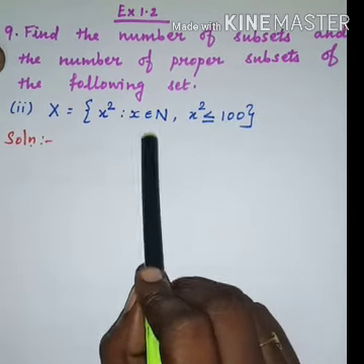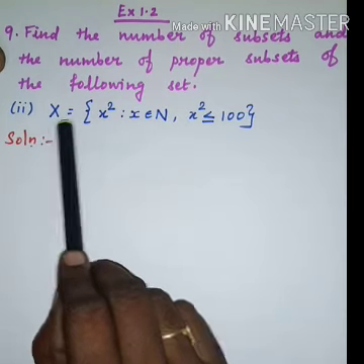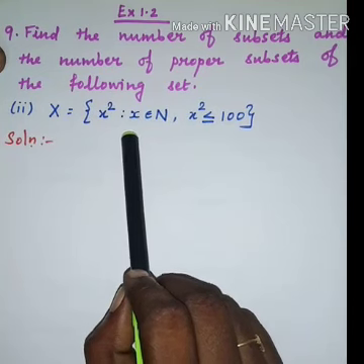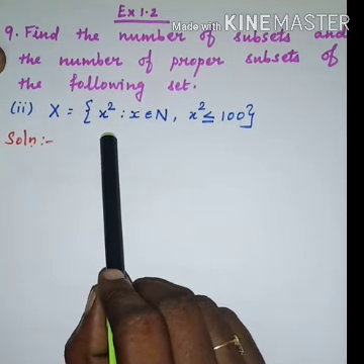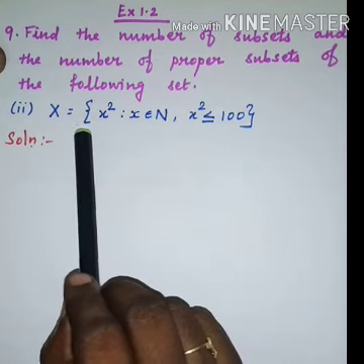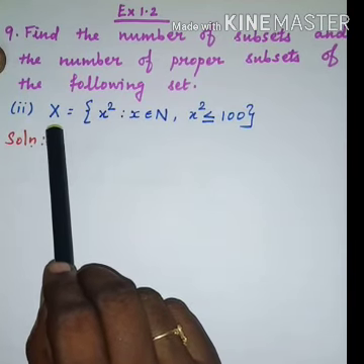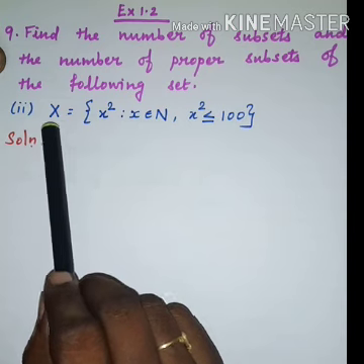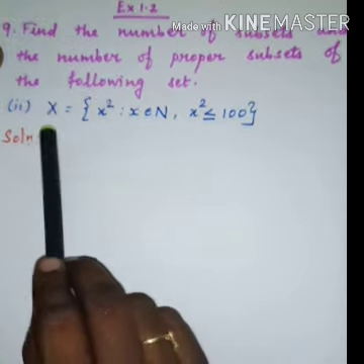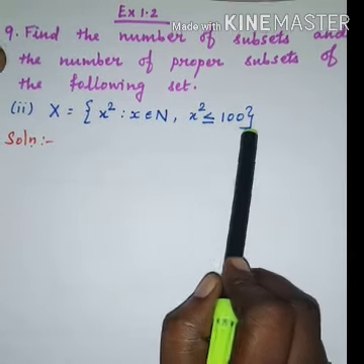Here the set X is given in set builder form. We have to change it into roster form. Then only we can find the number of elements of X. So here we have to write the elements in roster form.